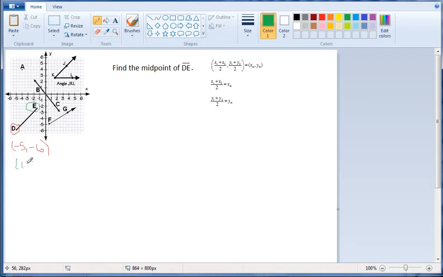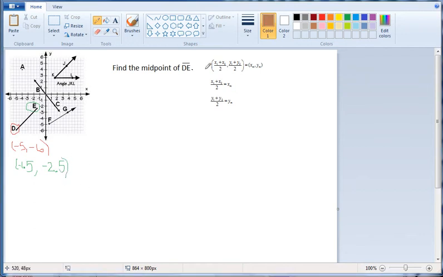It's a negative, so I've got to make sure I put -1.5 as my x coordinate. Then I'm going to drop down, see where E hits the y-axis, and it looks like it's at -2.5. So I'm going to write -2.5 as my y-coordinate for E.